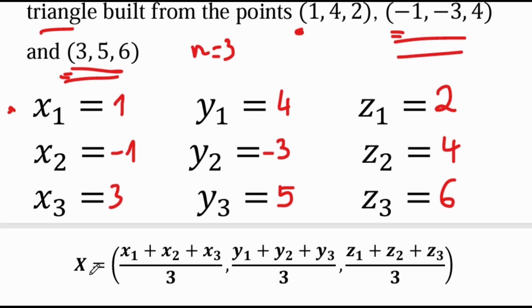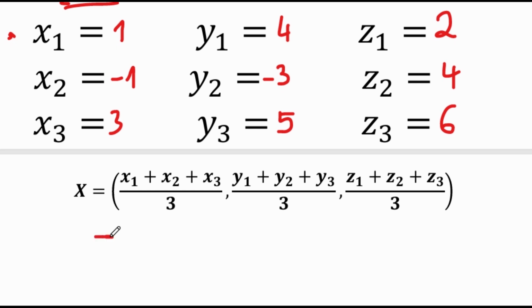Then, we have the formula. The coordinates of x are given by x1 plus x2 plus x3 over 3. It's because n equals 3. Then y1 plus y2 plus y3 over 3. And z1 plus z2 plus z3 over 3.